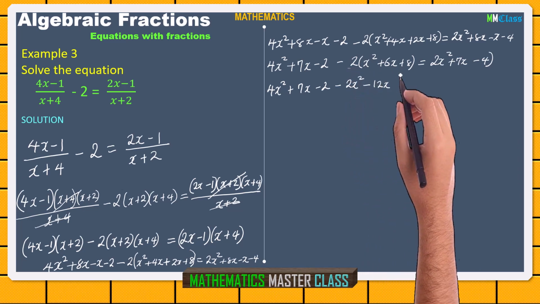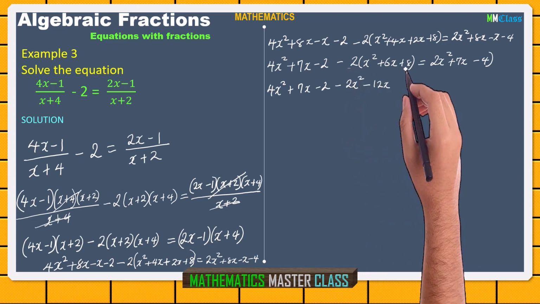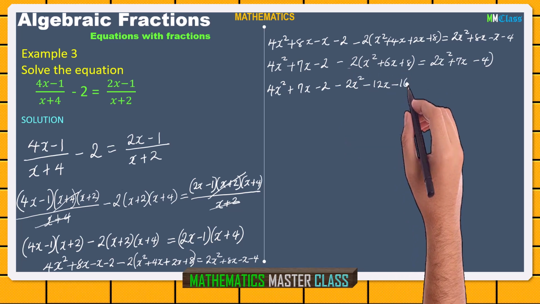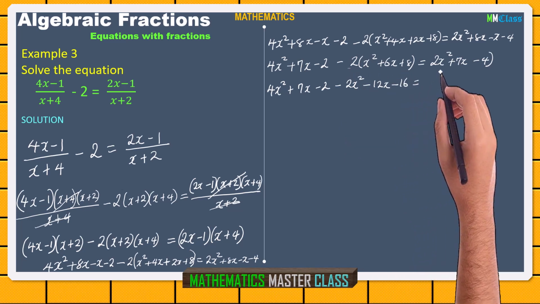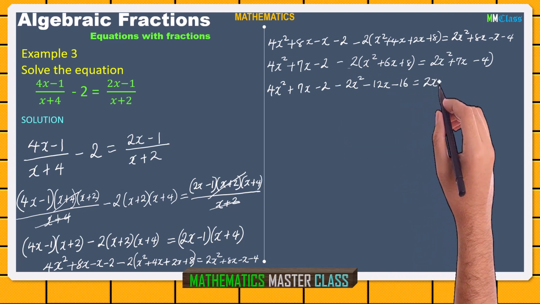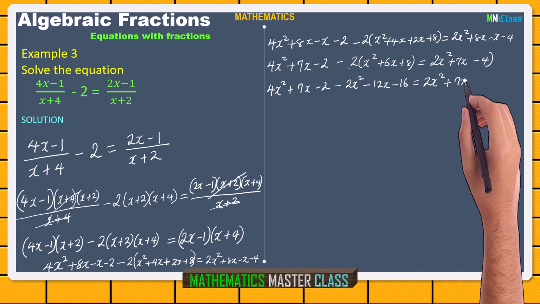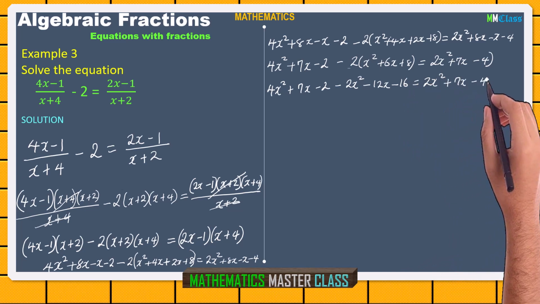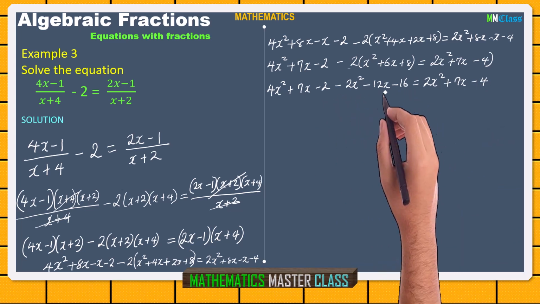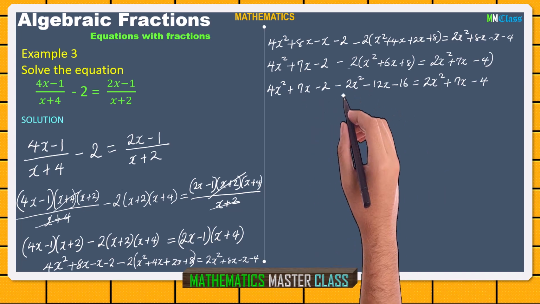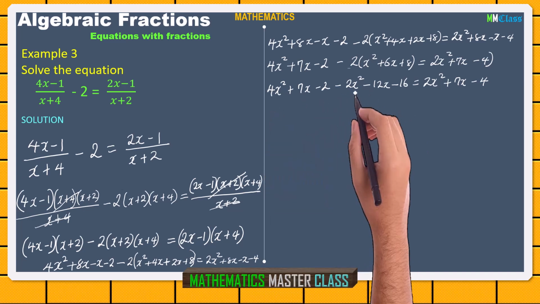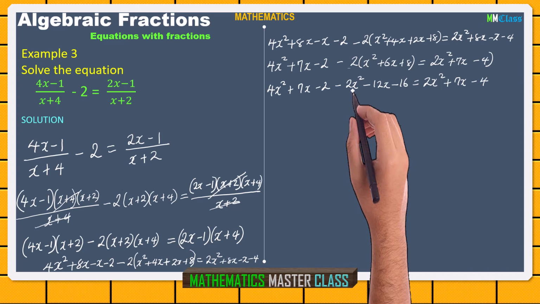Minus 2 again times plus 8 will give us minus 16 is equal to 2x squared plus 7x minus 4. So it's now time for us to collect the like terms here, so that we have minus 2x squared.